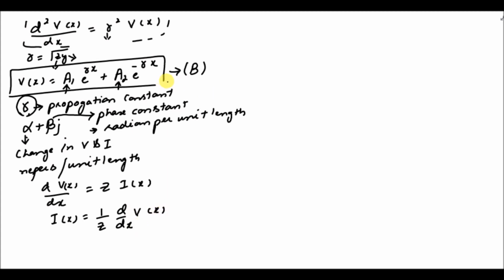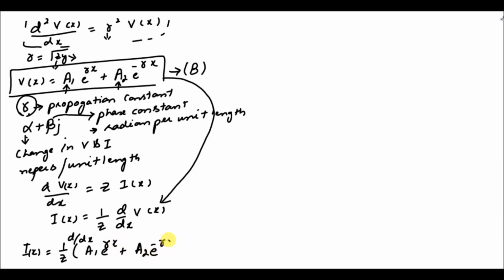We have calculated the value of Vx in equation B, and we will put that value in this equation. So the equation for Ix will be equal to 1 over Z d over dx of a1 e^(gamma x) plus a2 e^(minus gamma x).